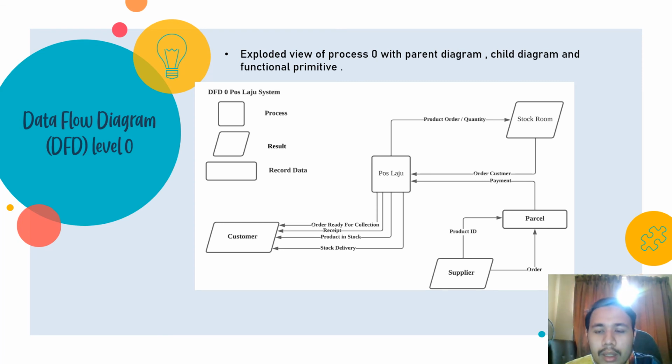Okay, when Pos Laju wants to deliver to the customer, the parcel will go through the storeroom to Pos Laju again and then to the customer. Okay, the customer will get the order receipt, the product or the parcel, and the store delivery.